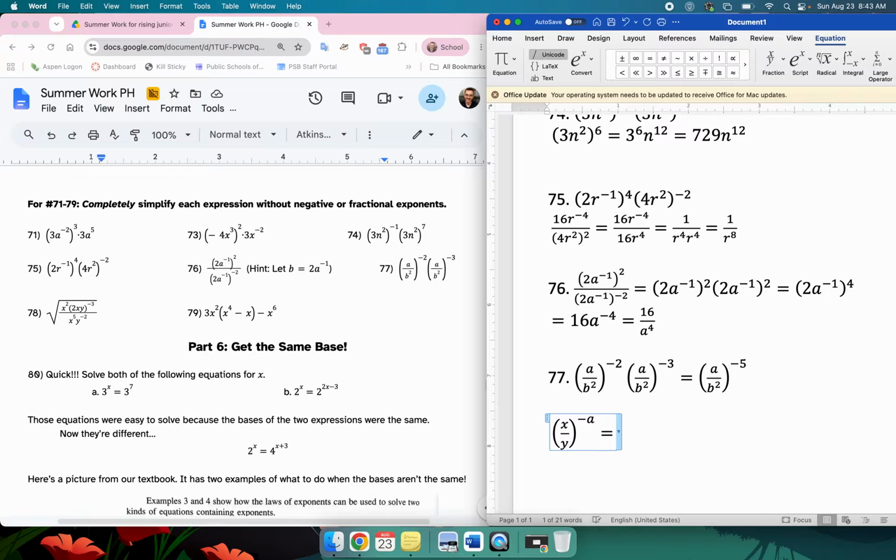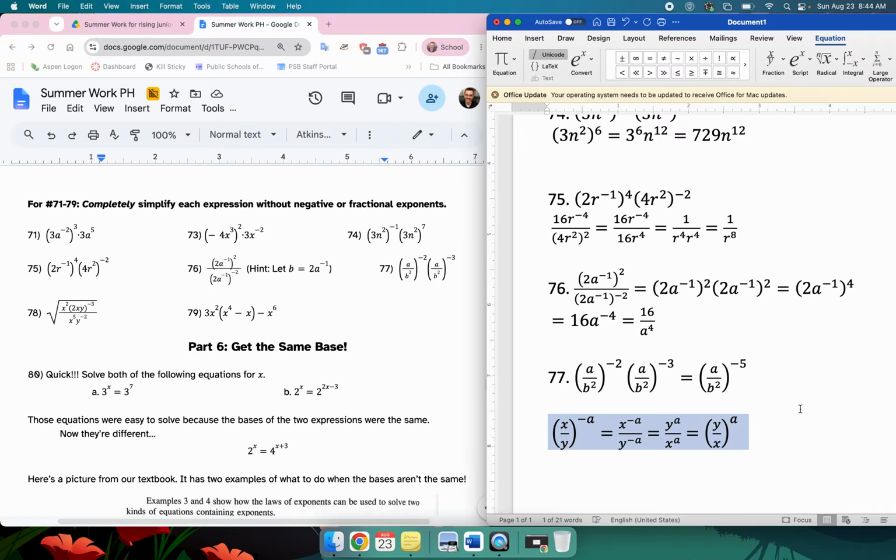That's a useful trick to know. The reason for that is, if you distribute the negative a to the top and the bottom, you get this. And then because these guys have negative exponents, they move around in the fraction, you make the exponents positive, and that's the same thing as y over x to the a. So you can see that this guy here is equal to this guy here.